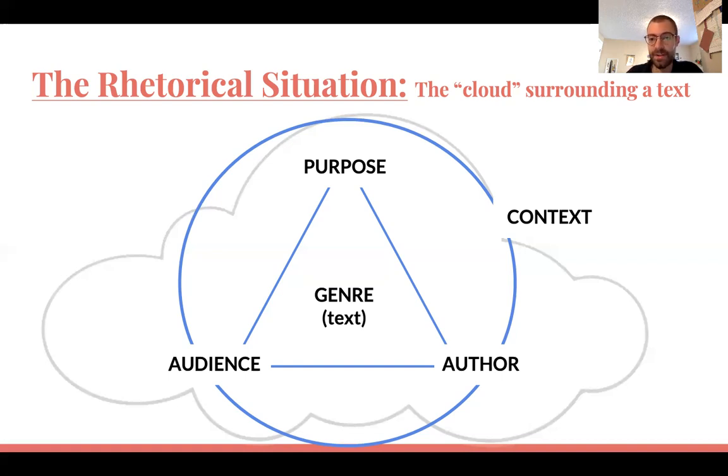You can see at the edge here, we have context. Context is sometimes historical. In the other video, we talked about institutionalized racism and the history of that in the United States. It can also be current. It can be things that are happening now in society that will help you understand.